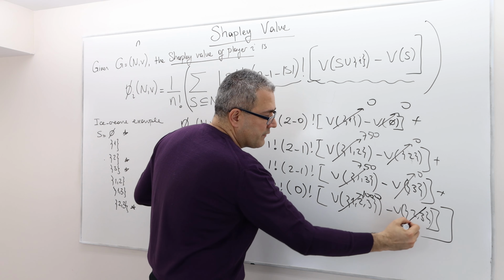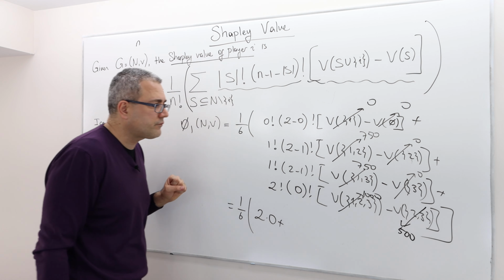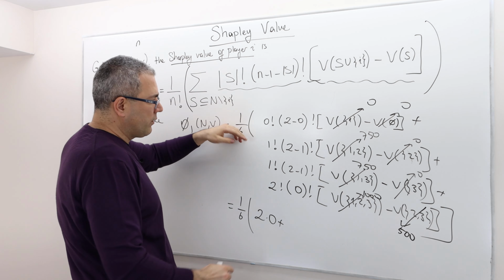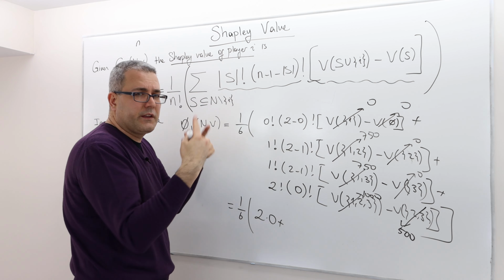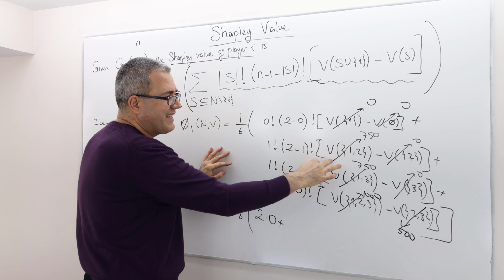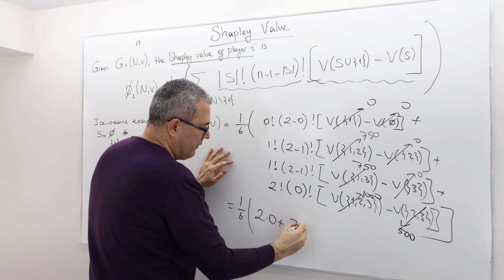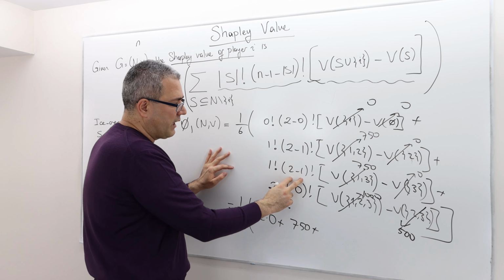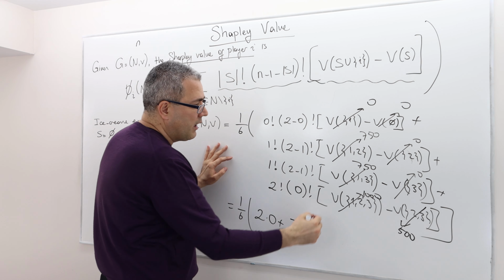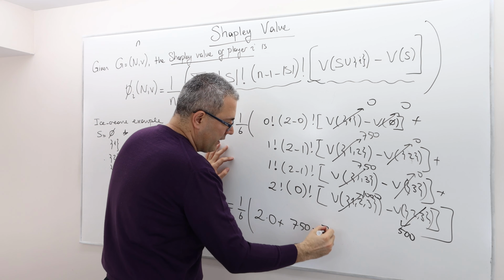And 2, 3 is 500, if you remember. Okay, so therefore, in the second part, 1 factorial is 1, and 2 minus 1 factorial is 1. So this is basically 1 times 750, plus, what else? This is 1 factorial times 1 factorial, so it's just 1, times 750 again.